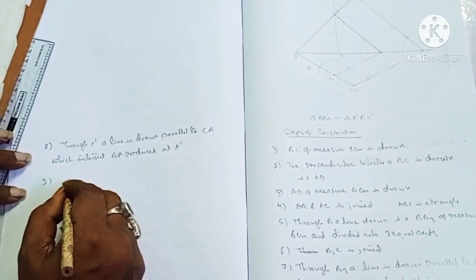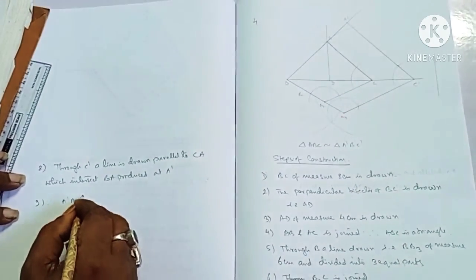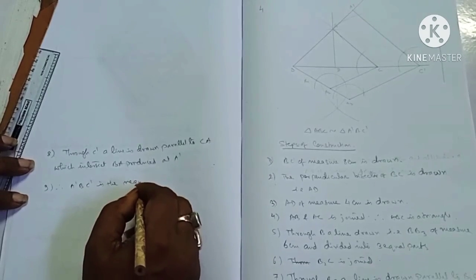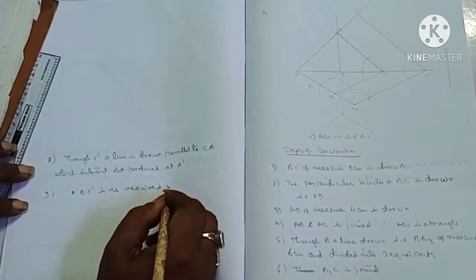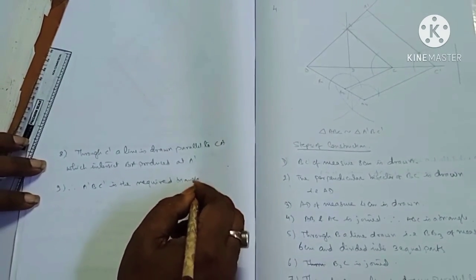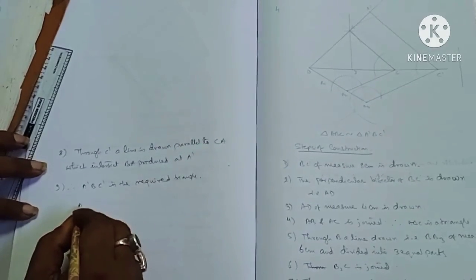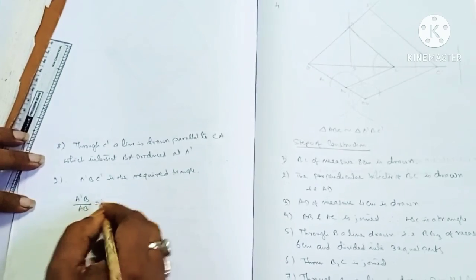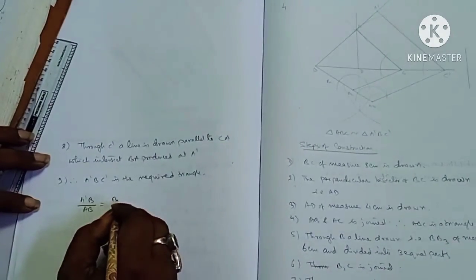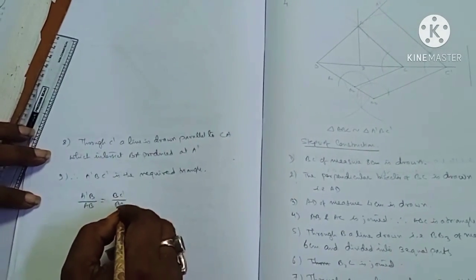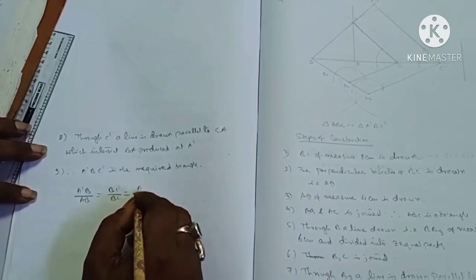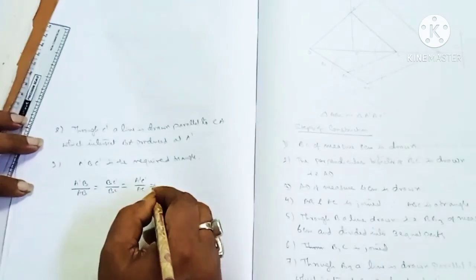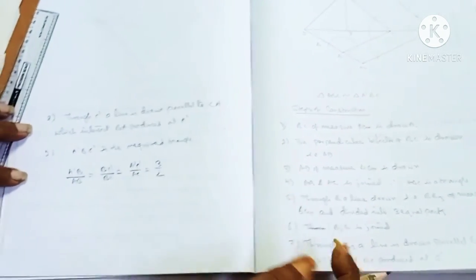Therefore, A dash B C dash is the required triangle. Now, A dash B by AB is equal to B C dash by BC is equal to A dash C dash by AC is equal to 3 by 2.